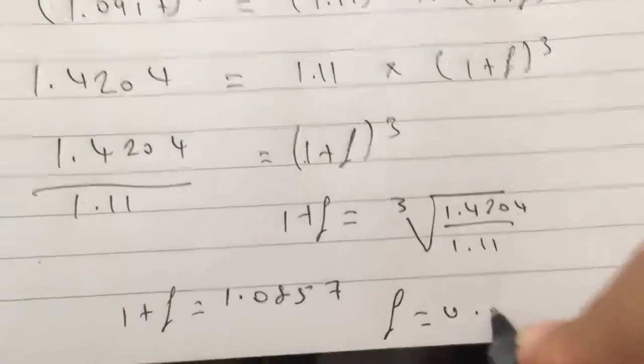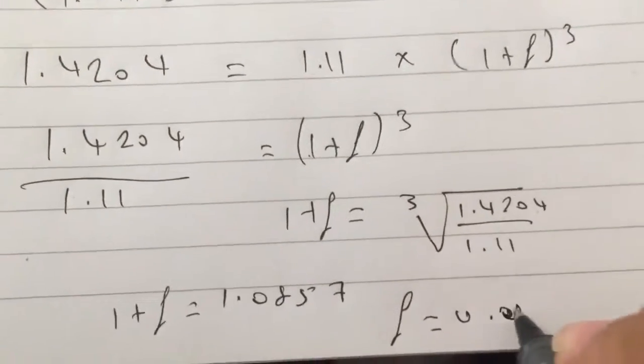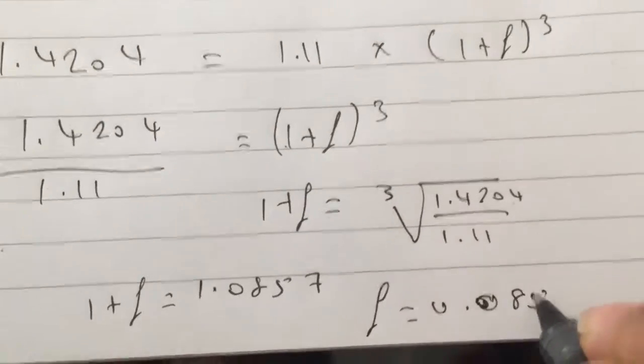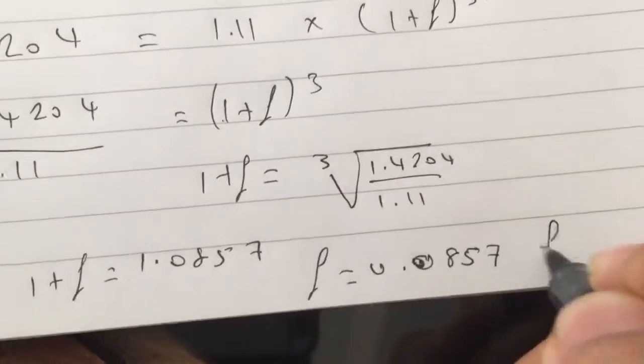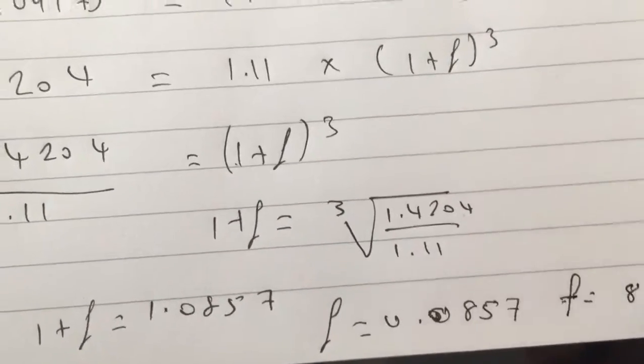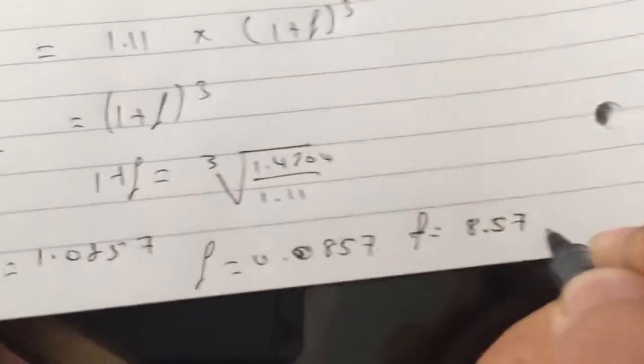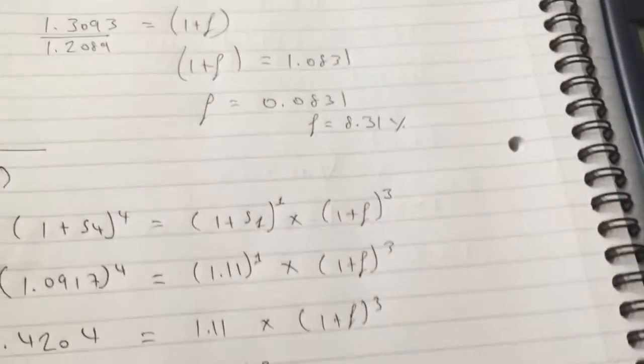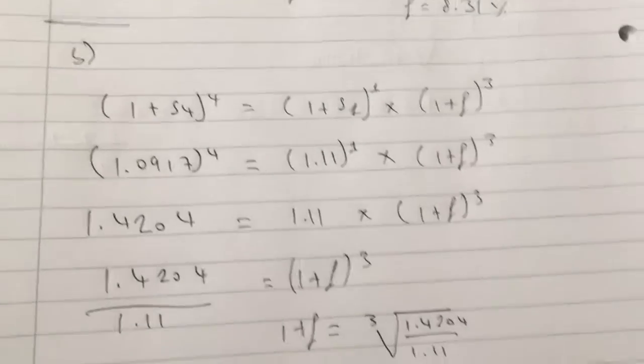So F equals 0.0857, which is 8.57%. That's the forward rate between years 1 and 4.